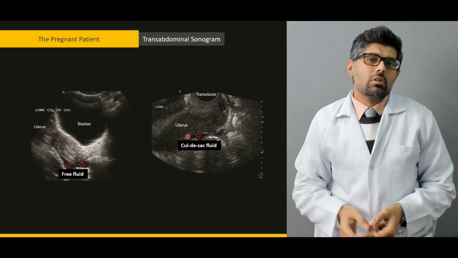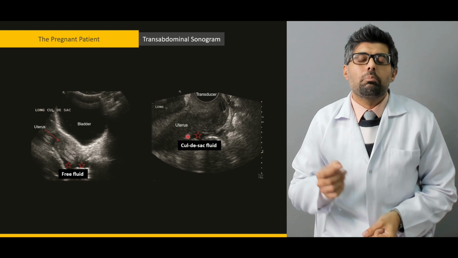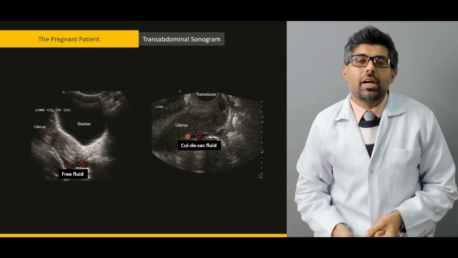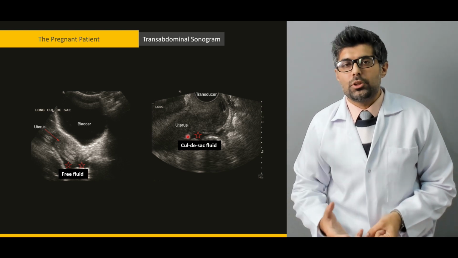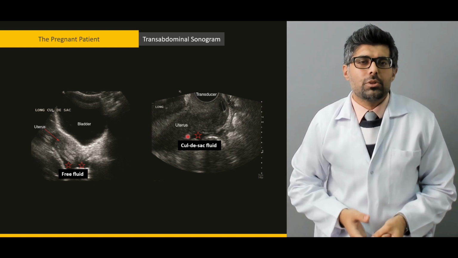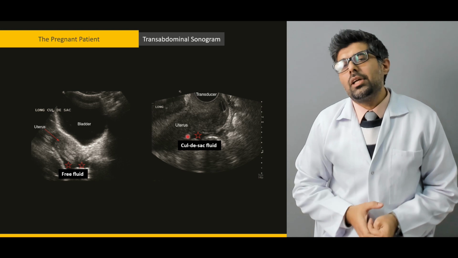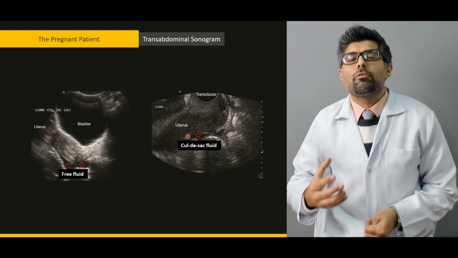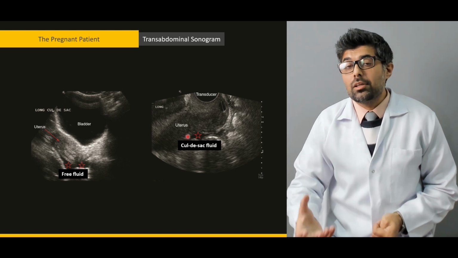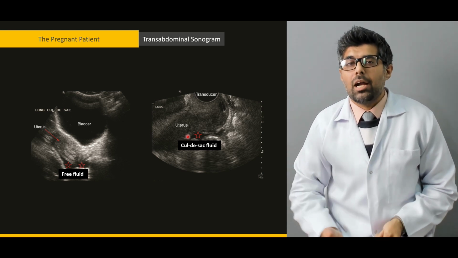Now, abruption of the placenta in a pregnant patient is a very serious problem. If the placenta has ruptured or there is some kind of abruption, it must be diagnosed and quickly handled before it becomes fatal for both the baby and the mother.